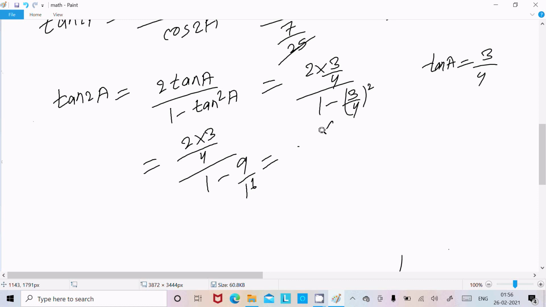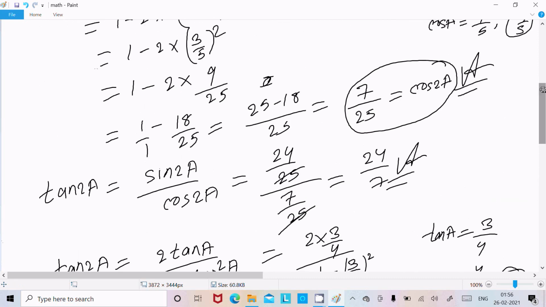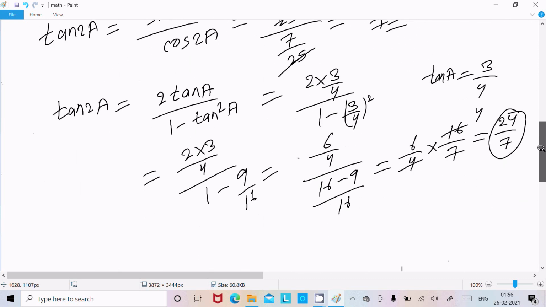So here this comes 6 by 4 divided by 16 minus 9 by 16. 6 by 4, that 16 goes up, 16 by 9, that comes 7. So it will cancel by 4 times. So if you calculate 24 by 7, the same answer that I calculated, 24 by 7.